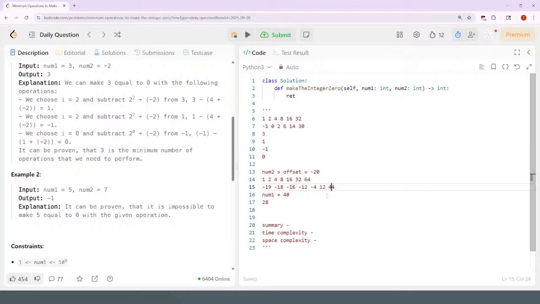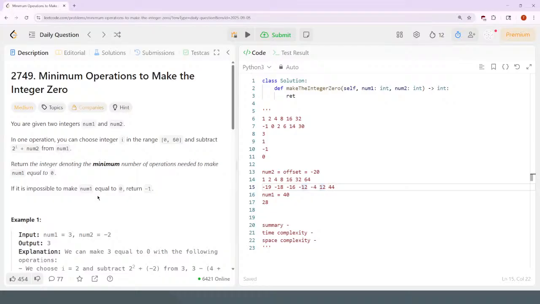When you subtract 44, you get negative 18. But if you subtract a 12, you get positive 16. Positive 16, then you have to subtract another 12.